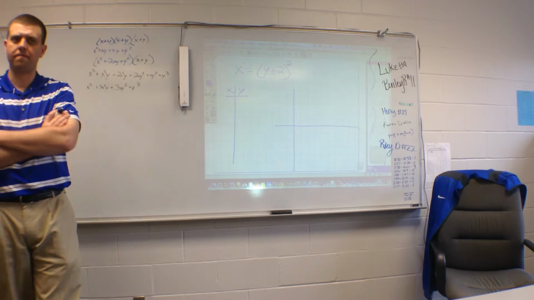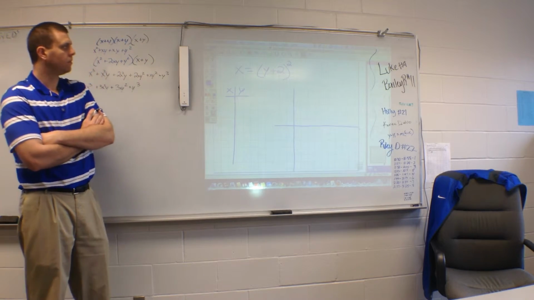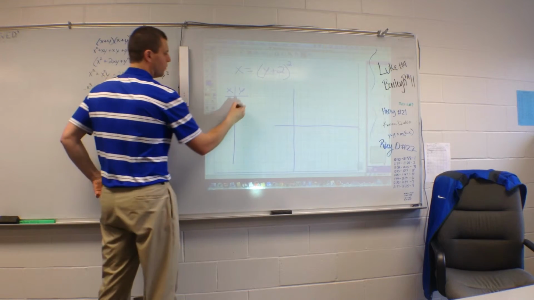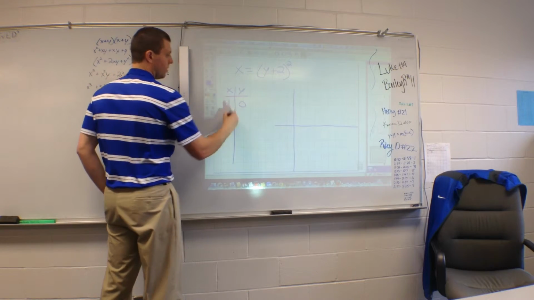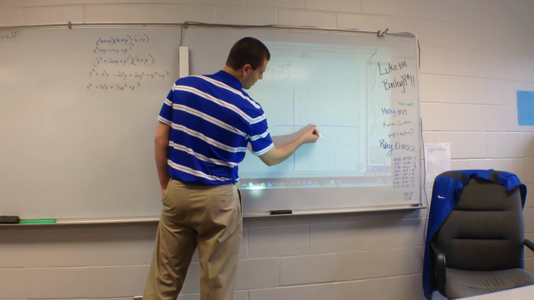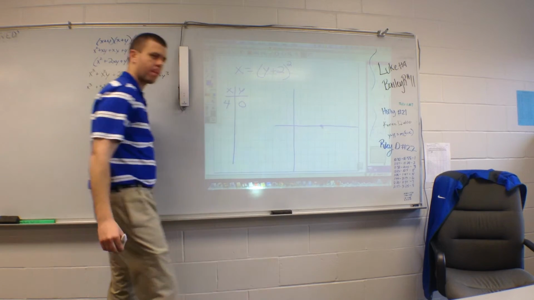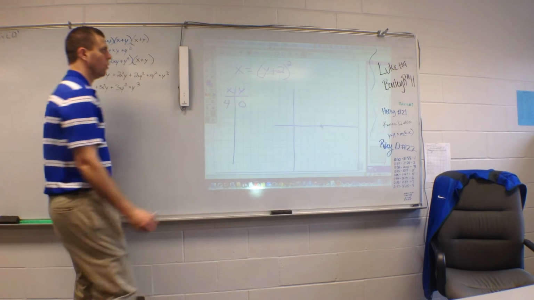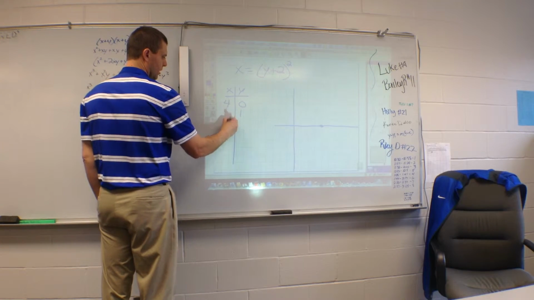Go ahead, anybody. 0 for y would be 4 for x. 1 for y would be 9 for x.